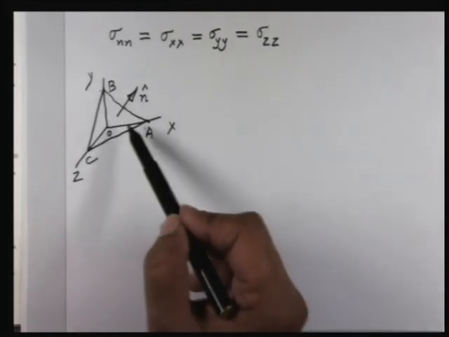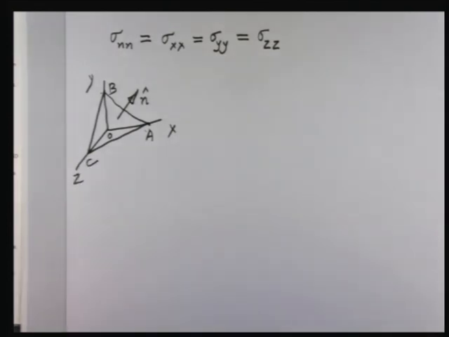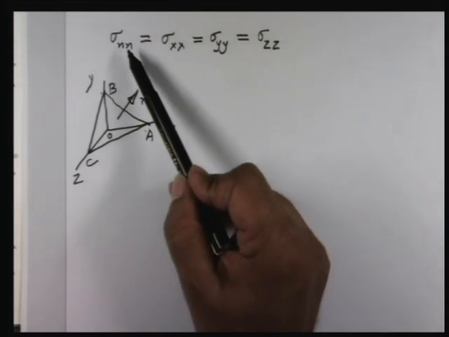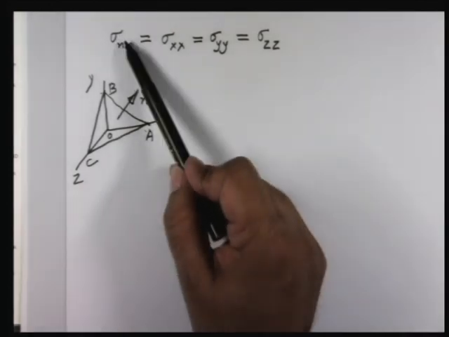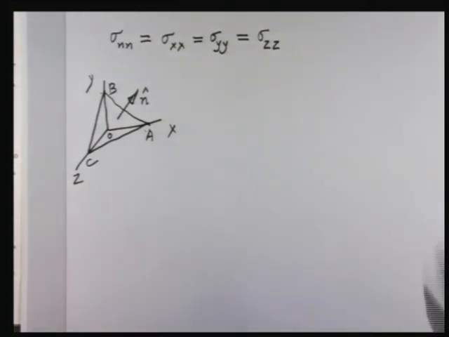Once you shrink it to a point, through a point you can have an infinite number of planes. So what we are showing here is that the force per unit area on any plane is the same at a point. It's independent of the orientation of the plane. So this is what you are familiar with as your Pascal's law.